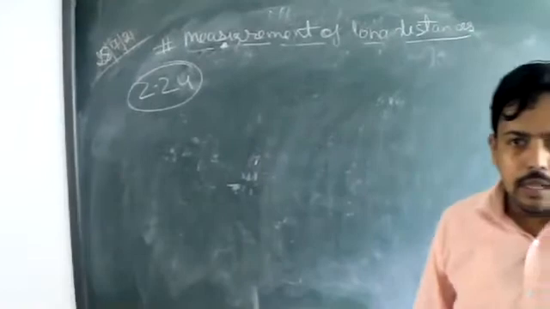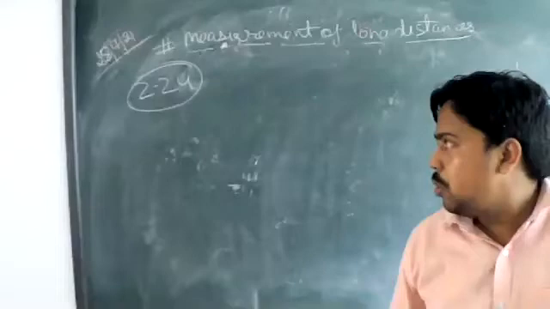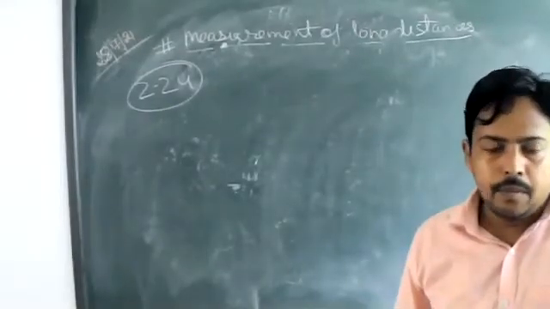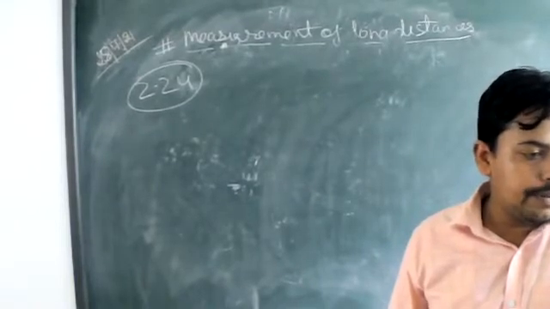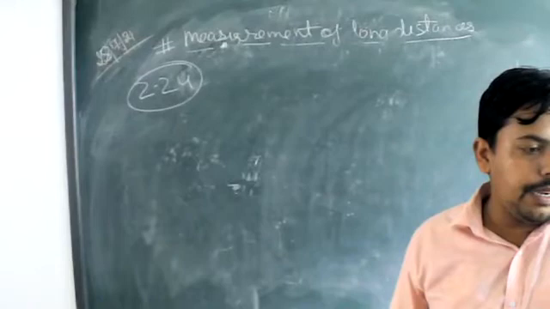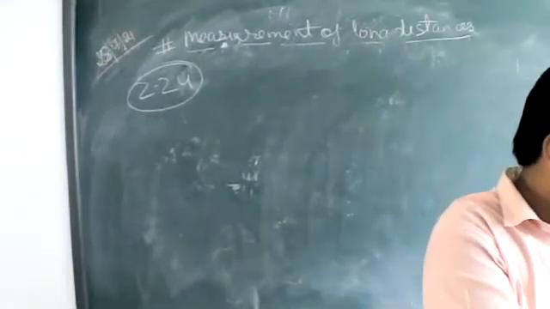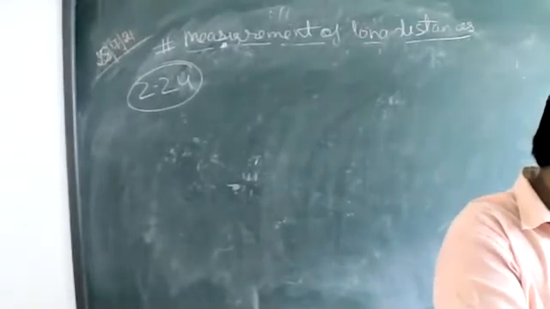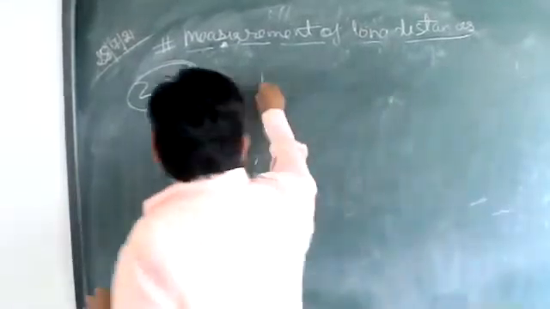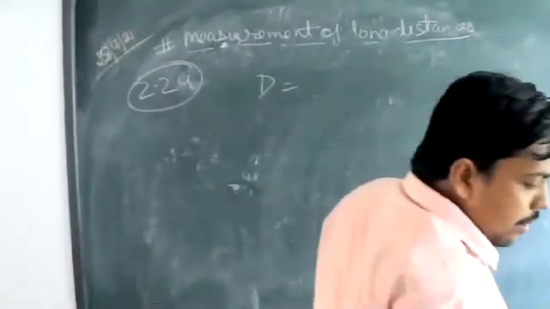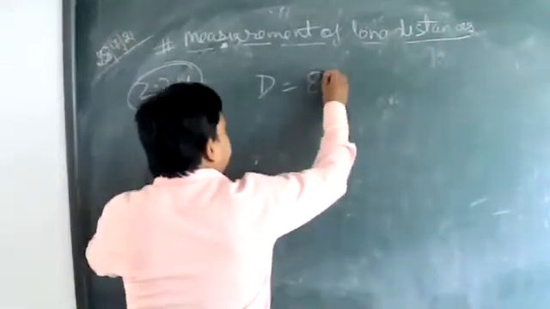Now, based on the previous discussion, let us do one question from NCERT, question number 2.24. The question says that when the planet Jupiter is at a distance of 824.7 million, okay, that means the capital D value is given to us, 824.7.